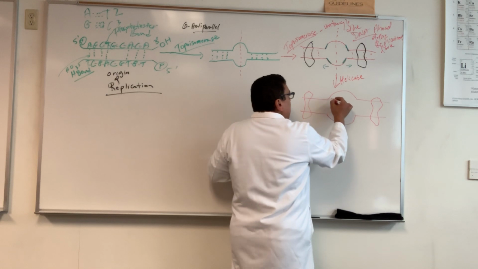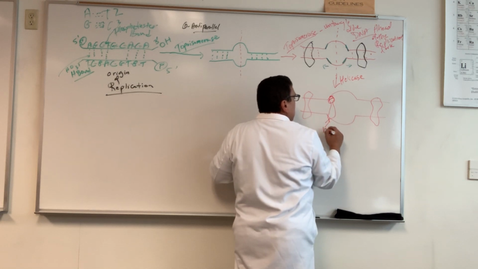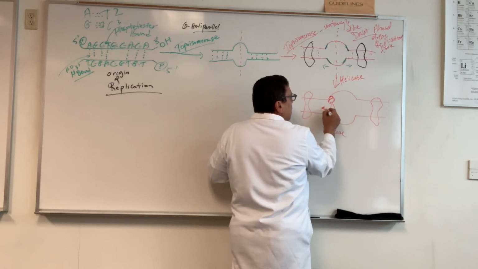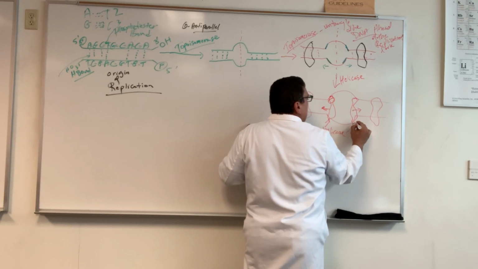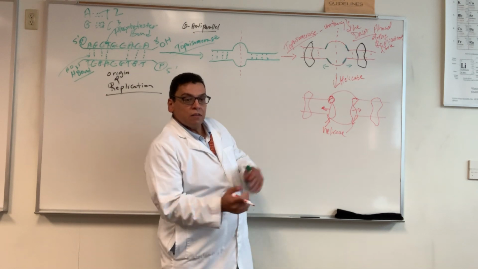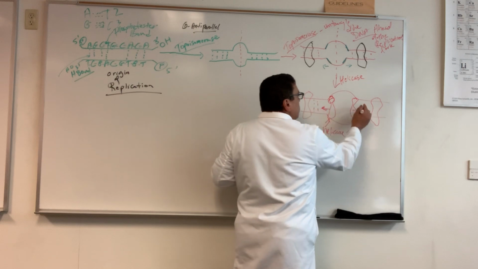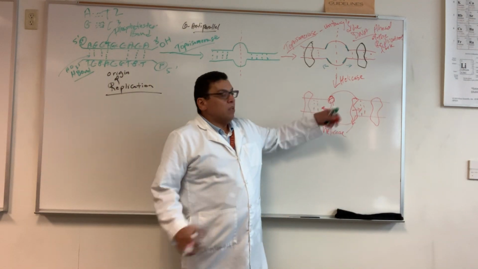And then the helicase will sit here. Let's do this helicase, and it will move this way. And here's another helicase, and it will move this way. And what it's doing is it's gonna break the hydrogen bonds. So it's breaking the hydrogen bonds as it moves. So what's gonna happen is this bubble is gonna get bigger.